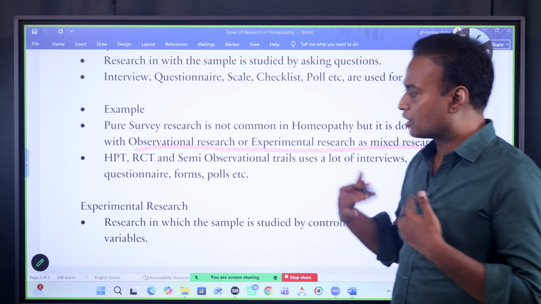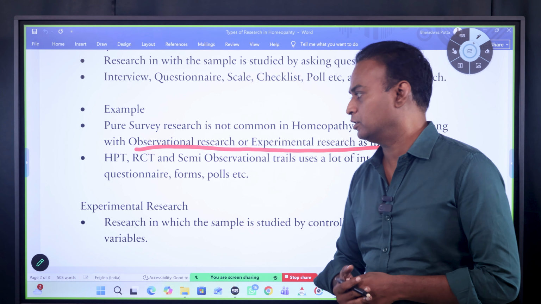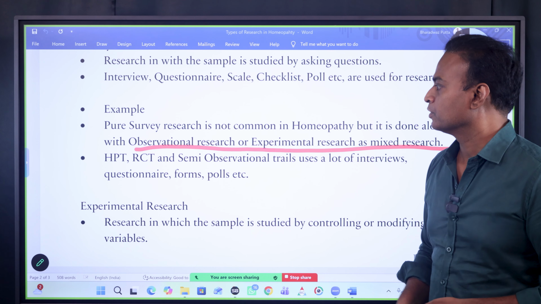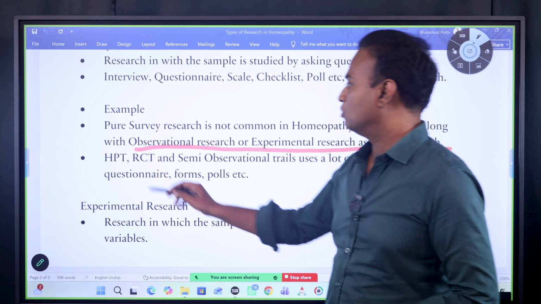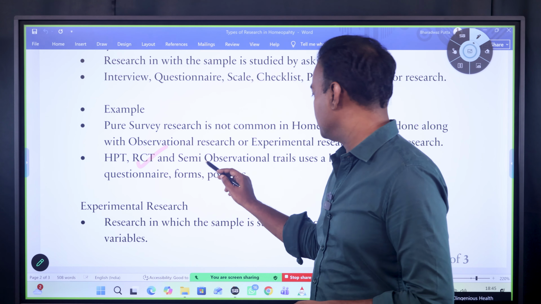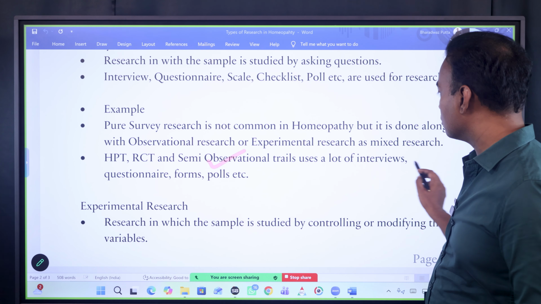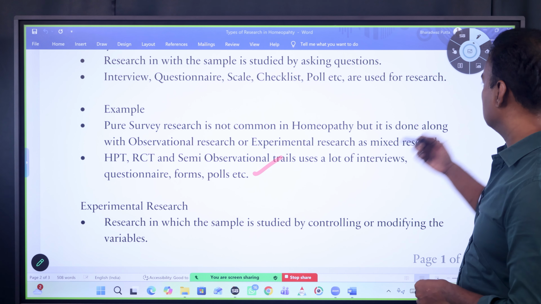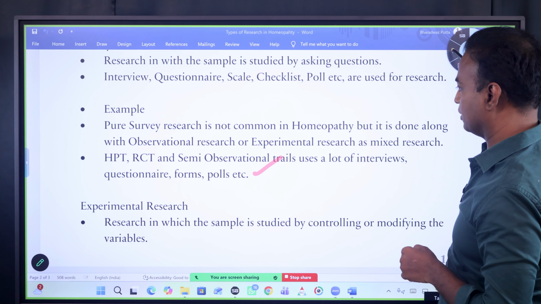Purely doing survey research is not common in homeopathy. The same thing is applicable for clinical research as well. So what are the examples? Homeopathic pathogenetic trial, randomized controlled trial, semi-observational trials use a lot of interviews, questionnaires, forms and polls and so on. This is about survey research.